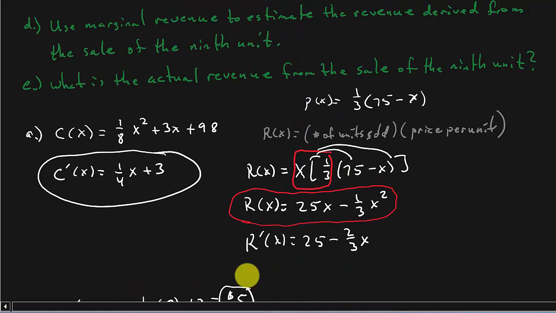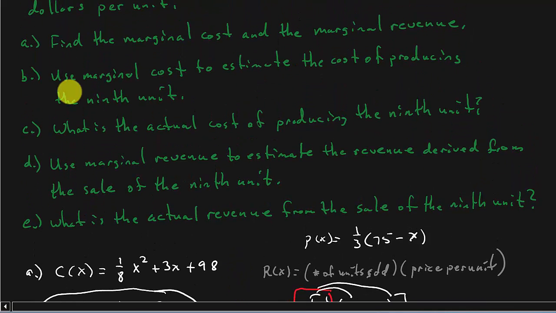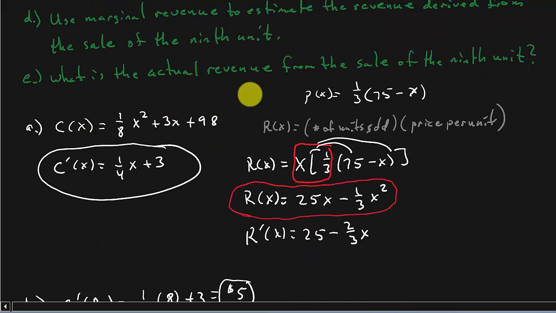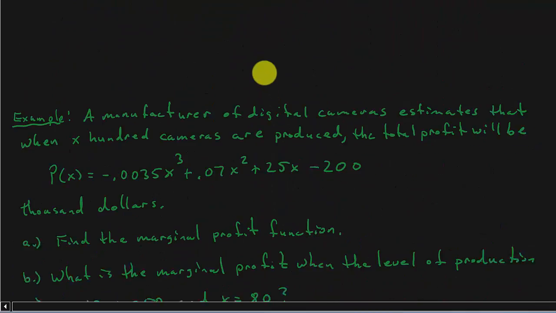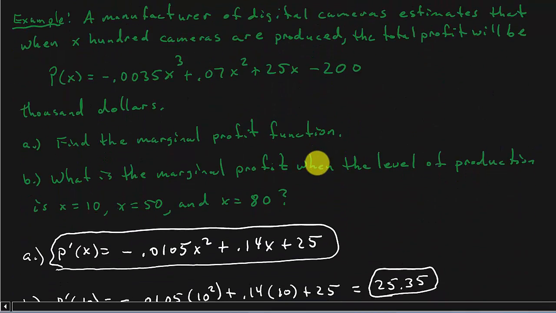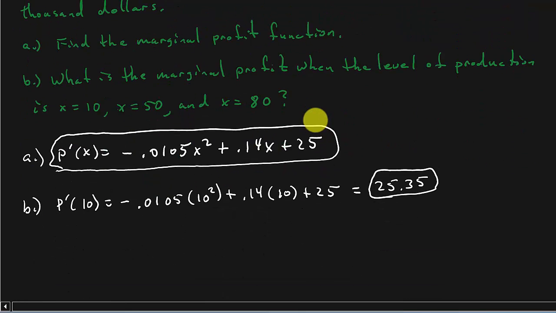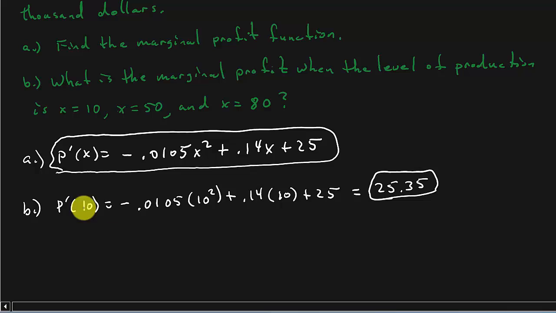Well, notice this problem here. Use marginal cost to estimate the cost of producing the 9th unit. But this one is just saying what is the marginal profit when the level of production is this. They're not asking for a particular unit. But what we're going to do after this, we're going to interpret these results here.